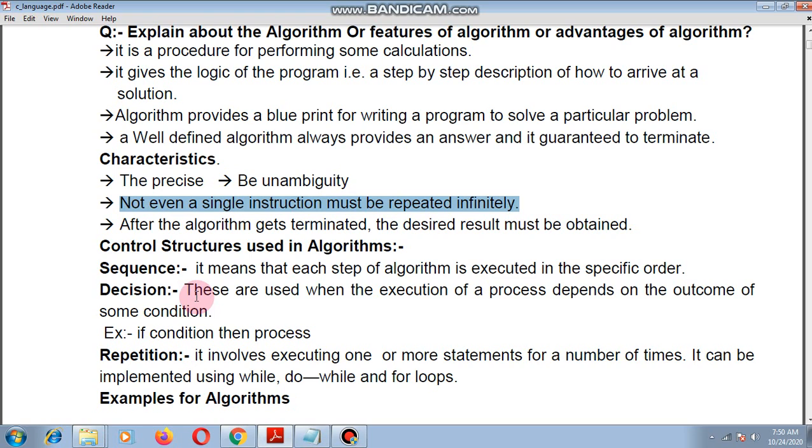Once again I am repeating the algorithm and types. An algorithm is nothing but a step-by-step description of how to arrive at a solution. Next, characteristics of an algorithm: it should be precise, unambiguous, and not even a single instruction must be repeated infinitely.